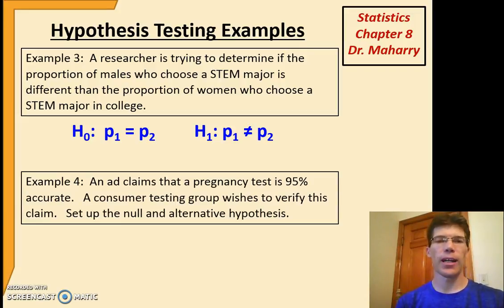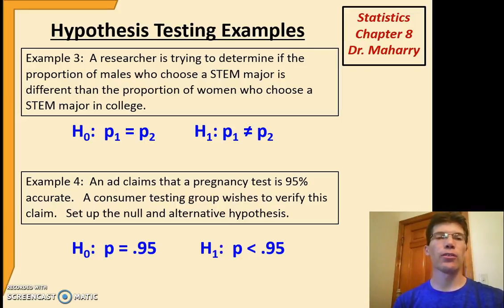Fourth example, an ad claims a pregnancy test is 95% accurate. A consumer testing group wants to verify this. Right, so the claim here, the null hypothesis is sort of a claim here, 95% accurate. So if I think about this from a consumer standpoint, what would I consider sort of misleading is maybe if this test was really not that accurate.